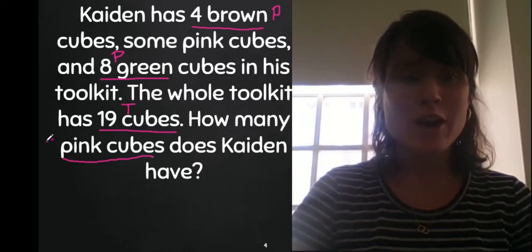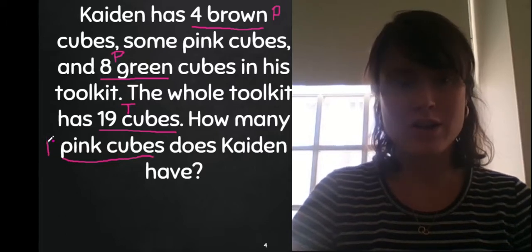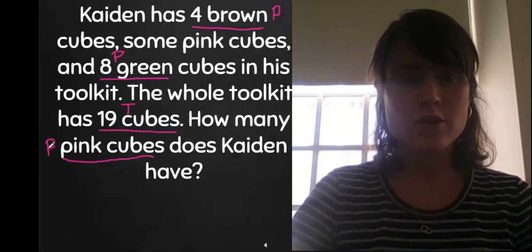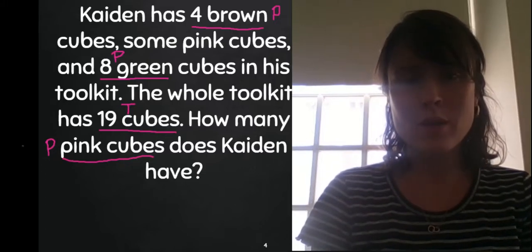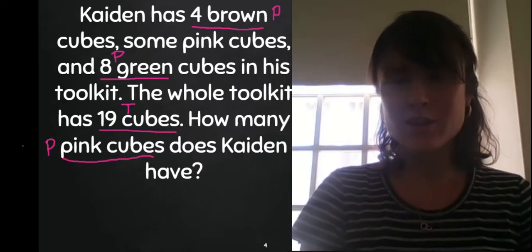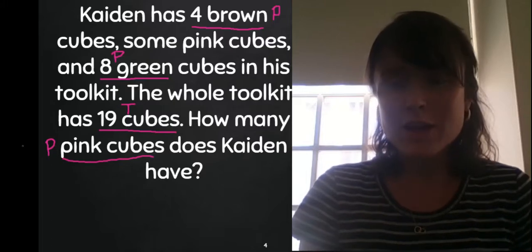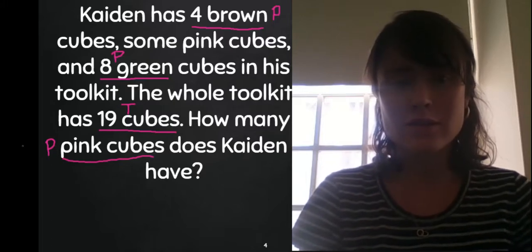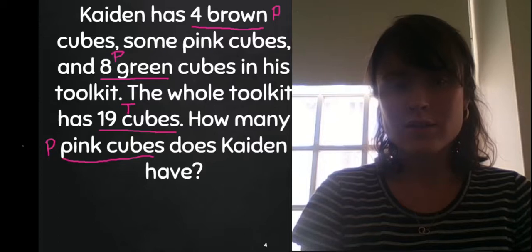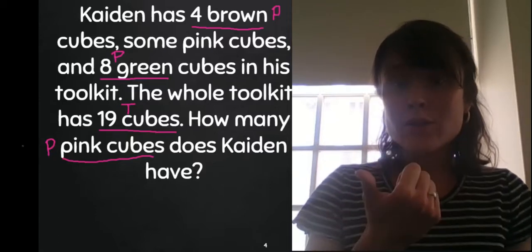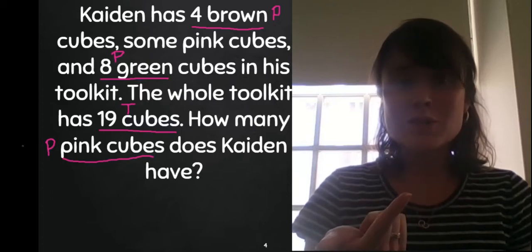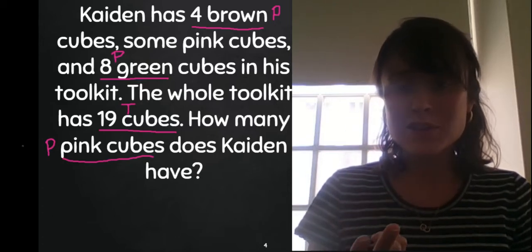Good, that's just a part because he also has brown and green cubes too. Ooh, I'm noticing something a little different about today's story problem. How many different parts are there that are going to come together to make up this total? There's three different parts because there's brown cubes, there's pink cubes, and there's green cubes.